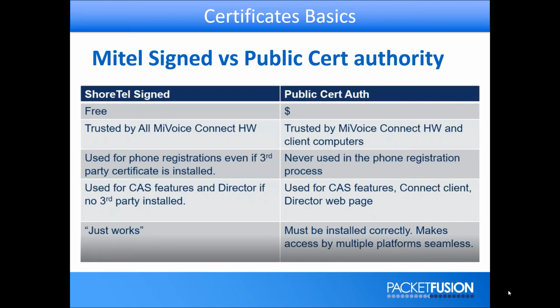If you want to see a nice green lock on your Connect client to show a secure connection, you want to install a third-party certificate. Mitel-signed certificates are always used for phone registration. So even if you have a third-party certificate installed, the phones generally use self-signed or Mitel-signed certificates for registration.